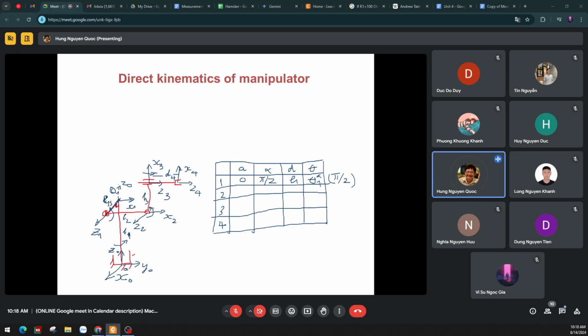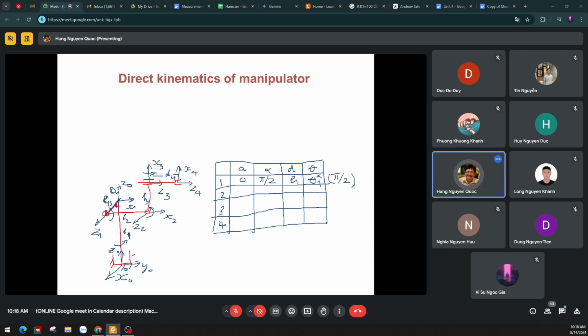A2 is the distance between G2 and G1. So what is this value? L1S? No, I don't think so.